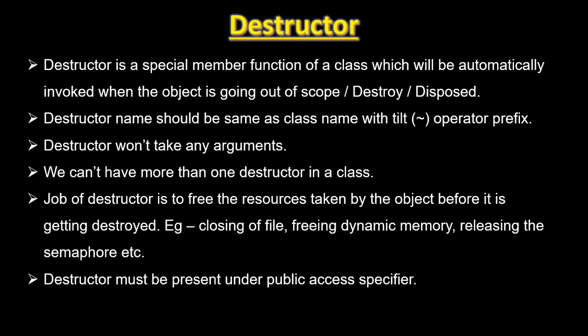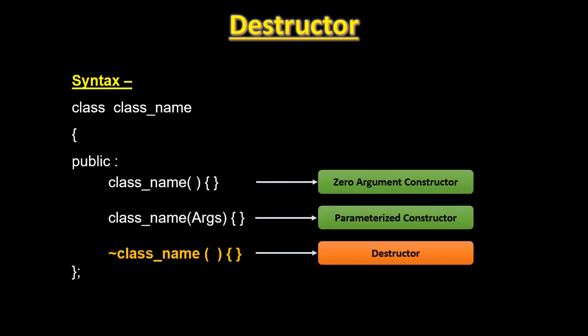Now what is the syntax of the destructor? Just like public class name with arguments, you can see here. The first one is the zero argument constructor, the default constructor. The second one is the parameterized constructor, which means we can have arguments in the constructor. Now this is the destructor.